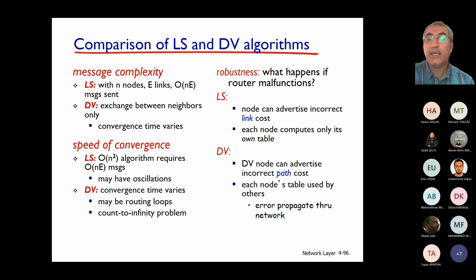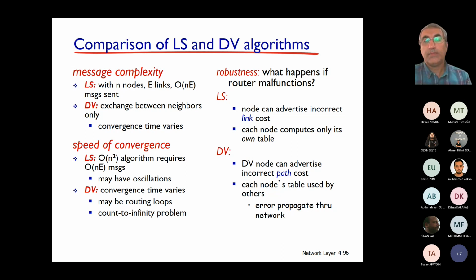In case of link state, each node computes only its own table.